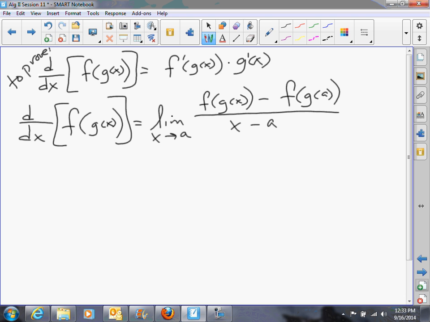Now, what I'm going to do this time is multiply by 1. Remember, in the last two, what we did was add 0. Anytime you want, you may add 0, because 0 is the additive identity. Anytime you want, you may multiply by 1, because 1 is the multiplicative identity. Now, the one I'm going to multiply by is g of x minus g of a over g of x minus g of a.